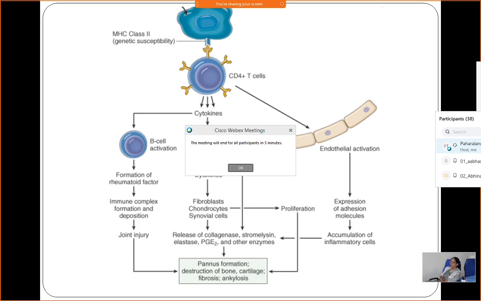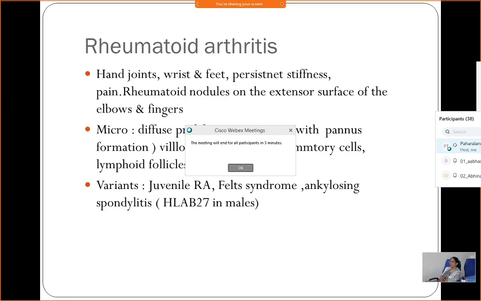So within the joint, now what happens? There is formation of granulation tissue because of the inflammation. There is destruction of the bones because of the various enzymes produced, like collagenase, stromelysin and elastase, and then there is formation of collagen and fibrosis. And we say ankylosis when the joint space is lost and the bone surfaces come together.